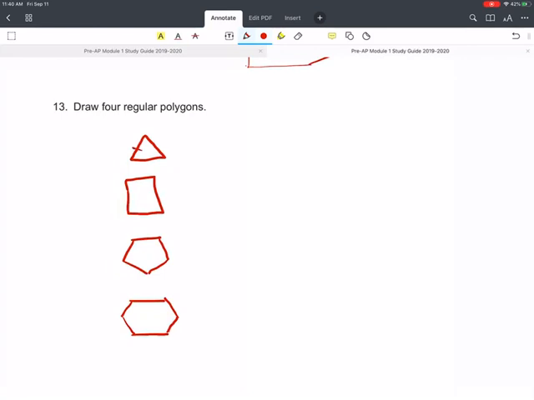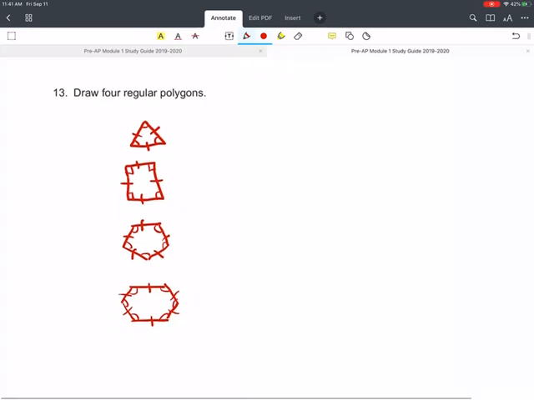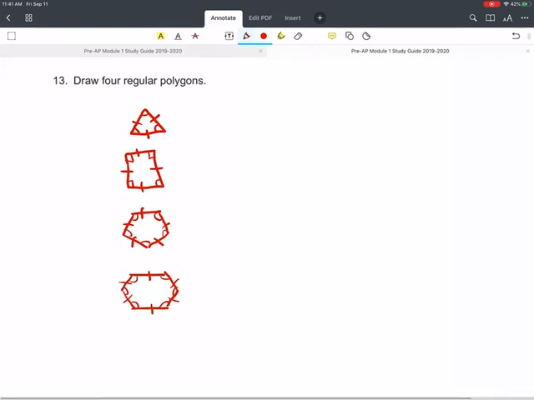So something I could do to help show that they are regular, I could add in my notations. And that just shows whoever's looking at this that all these shapes have the same side lengths and they have the same angle measures.